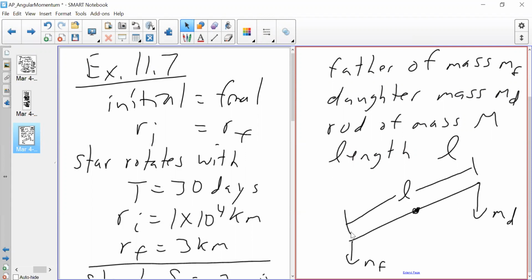All right. So the question asks us to find the expression for the magnitude of the system's angular momentum. Since this is made up of point masses, we're going to use the angular momentum equation for the point masses. We're going to add all their angular momenta together to get the total angular momentum.